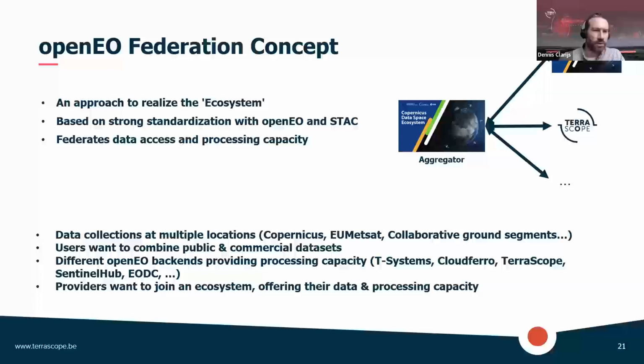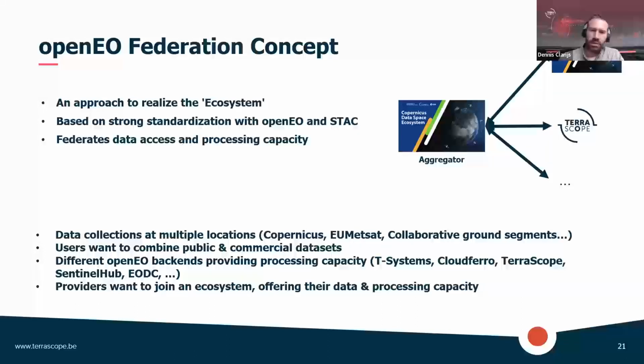And openEO is one of them. openEO builds further upon the open source component there. At least the Federation builds on the openEO component and is depending on the STAC catalog as well. And it federates data access and processing capacity.